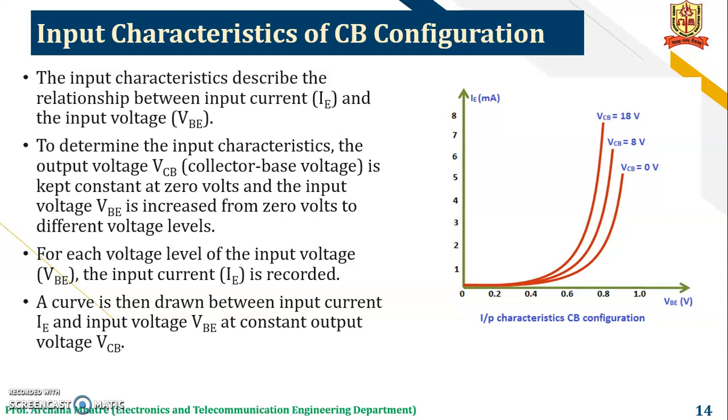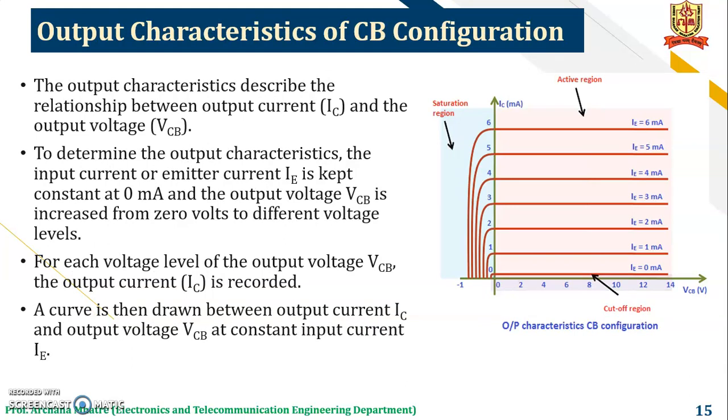For each voltage level of the input voltage VBE, the input current IE is recorded. A curve is then drawn between the input current IE and the input voltage VBE at constant output voltage VCB.